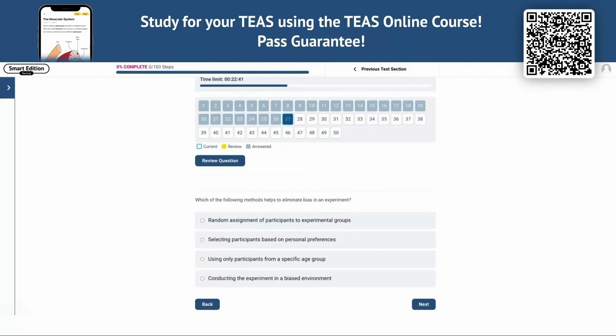Which of the following methods helps to eliminate bias in an experiment? So the correct answer here is a random assignment of participants to experimental groups.